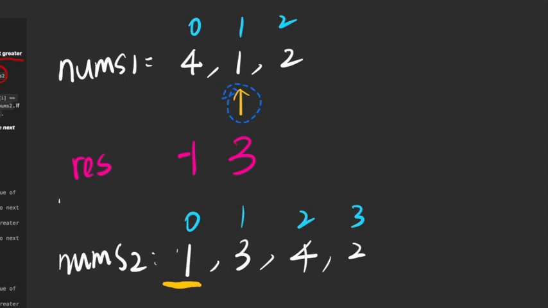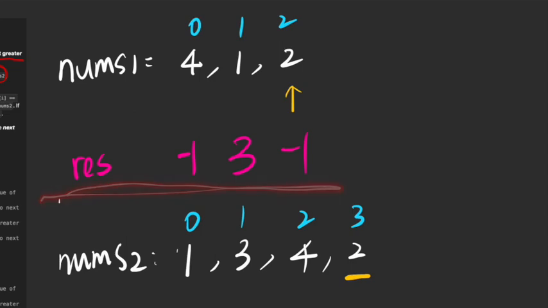And then we continue to move to the next element, 2. We found that the number 2 is here, and it's the last element, so on its right side there's nothing greater than it, so we will also put -1 here. So this is the result we need to return.